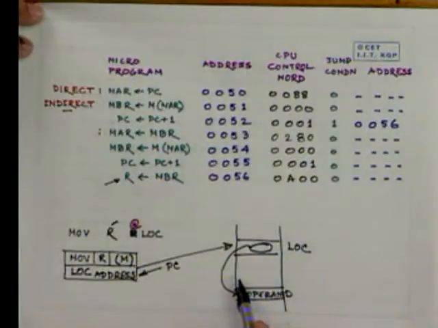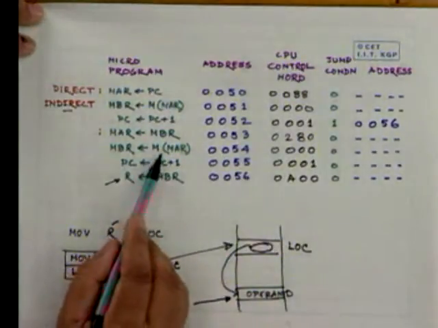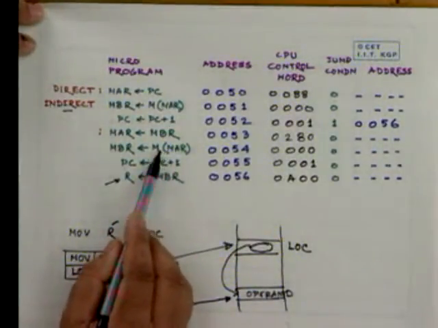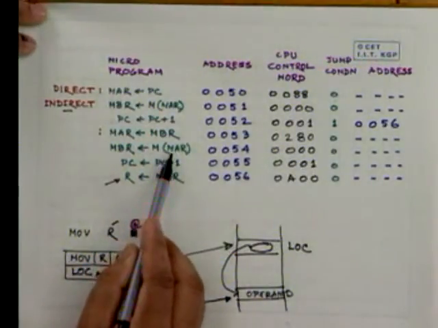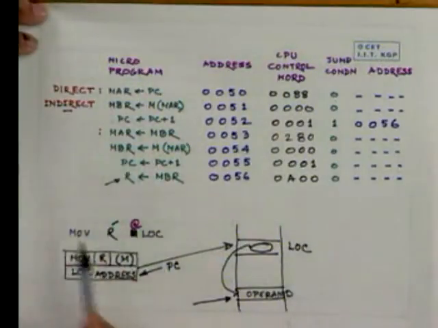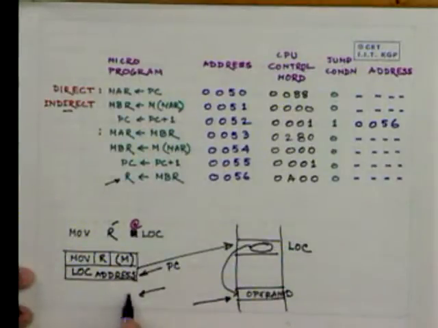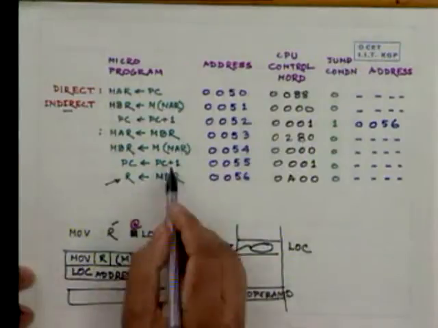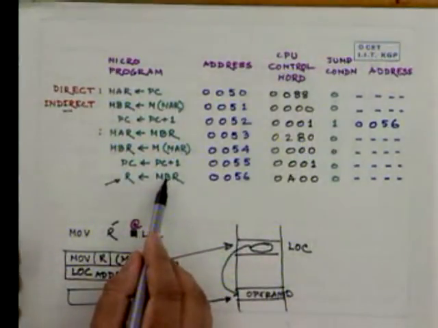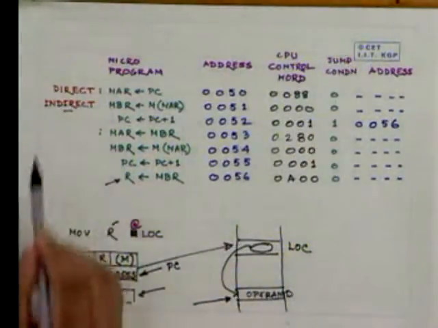Which means now the memory address register is pointing to this location, right, and the content of the memory at that location, that means pointed to by the memory address register, should come to the memory buffer register. The program counter should be incremented once more here, so that it now points to the next instruction, that is next to this move instruction, that is here, and the content of the memory buffer register should go to the register R. That is my indirect addressing.